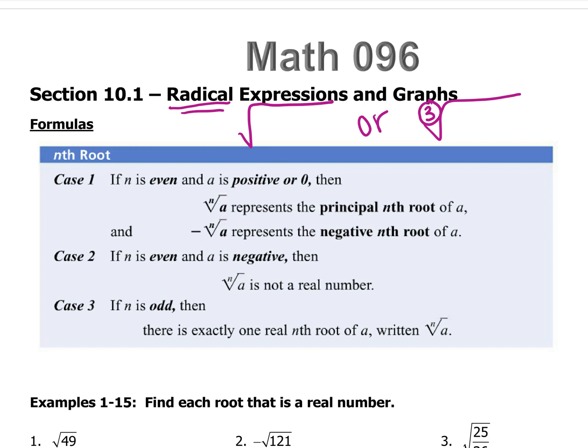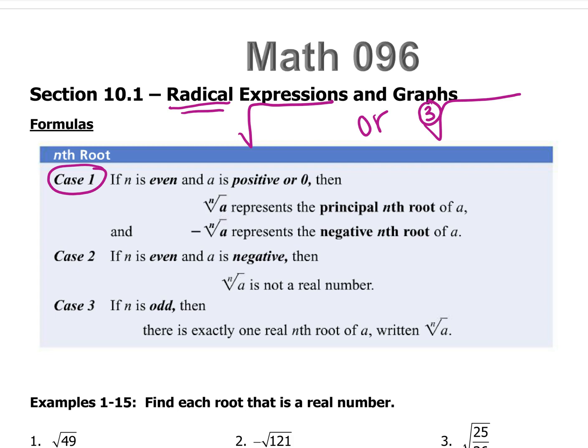You guys can't use a calculator, so we are going to do all the problems like you can't use a calculator. When you're doing these, you have to think about each case. Case 1 right here is if your number for your square root is even and the number on the inside is positive, you can actually do the square root if it's possible.